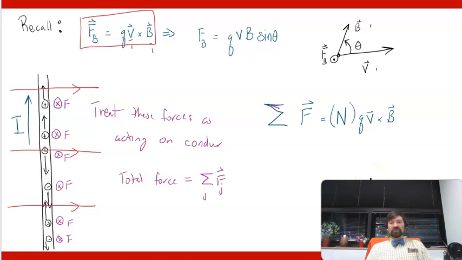N times Q divided by time would give current by definition. So this one right here we call length over time, and current, recall, is defined as basically number of charge carriers times charge divided by time, or in other words, total charge divided by time.